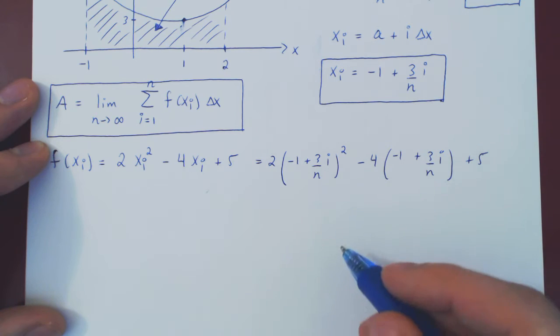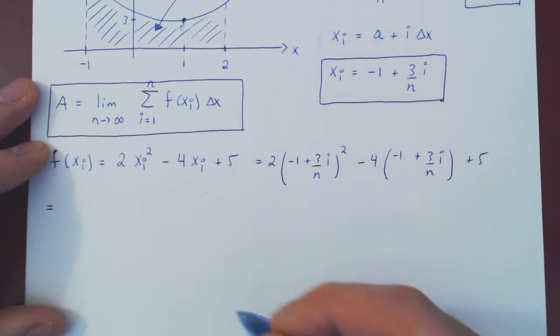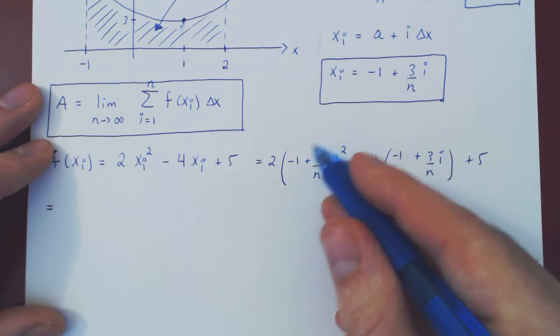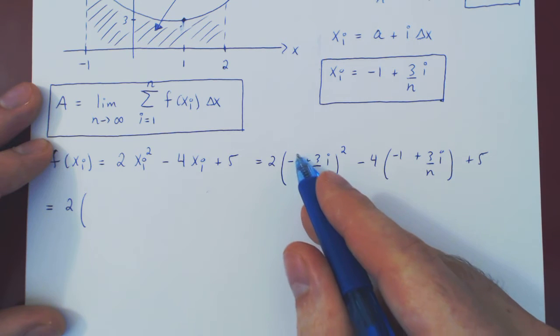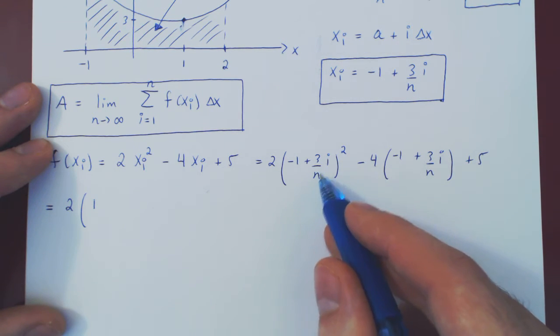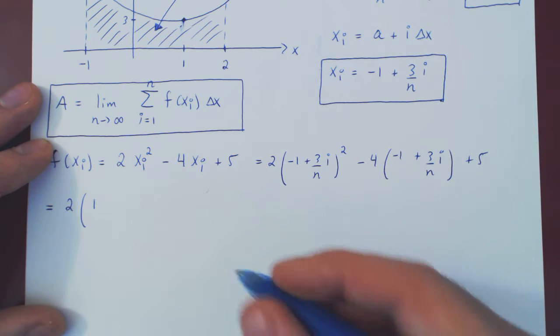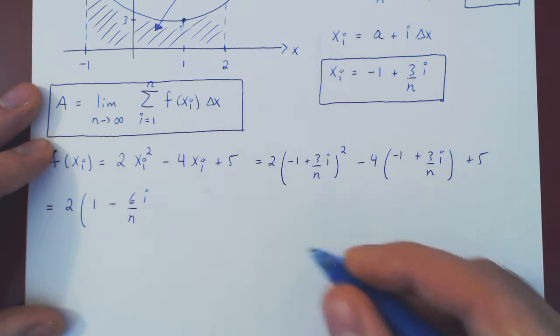Let's expand and regroup similar powers of i. So we'll have 2 times, if we square this, we'll get negative 1 times negative 1, positive 1. Negative 3i over n, negative 3i over n will give you negative 6i over n.